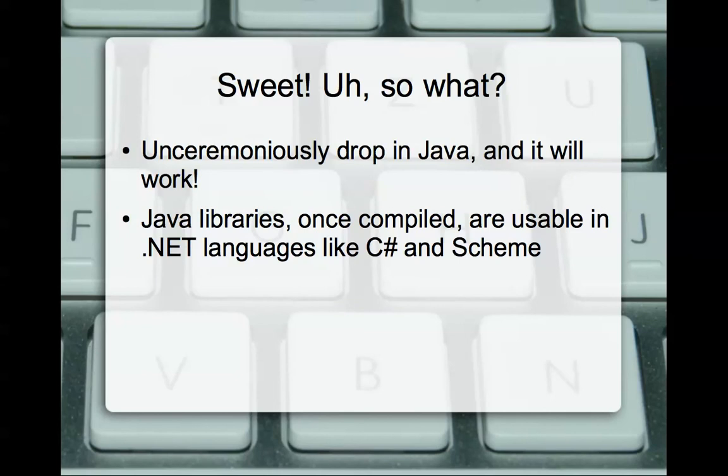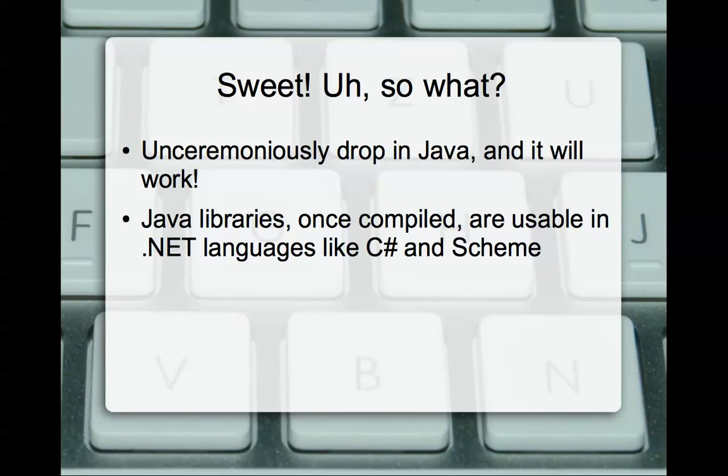And this means you can do some pretty cool stuff. Just like if you take any Java code and drop it into IKVM, it will run, and it will run fine, which is really cool.